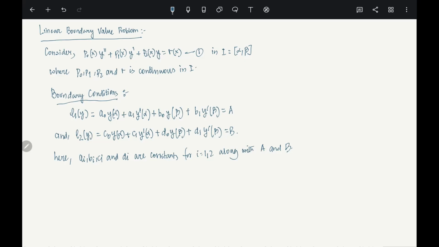So first of all, let's consider the differential equation 1 with r of x equal to 0, together with the homogeneous boundary condition.